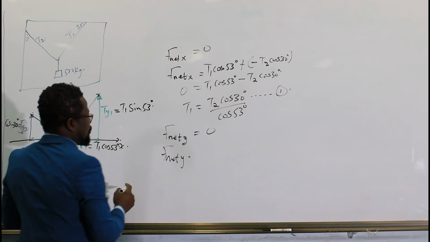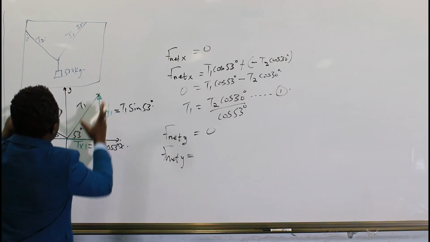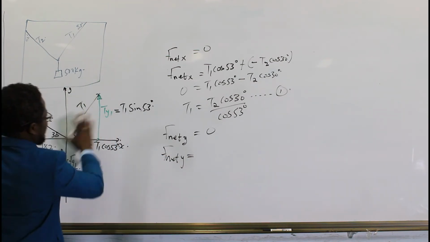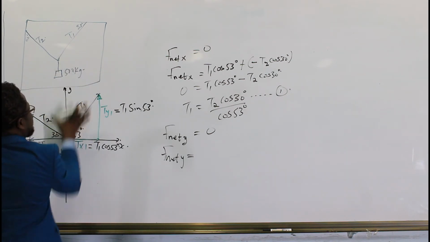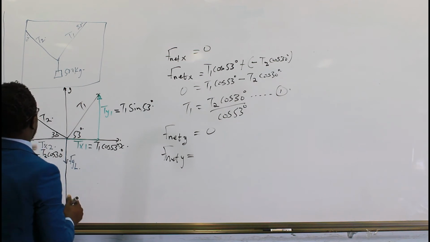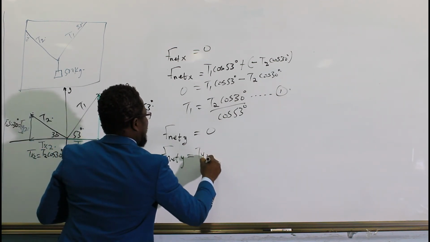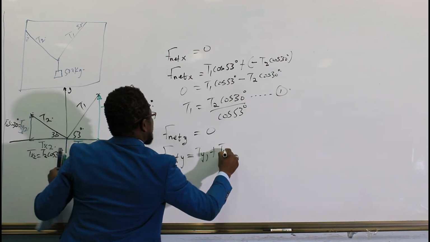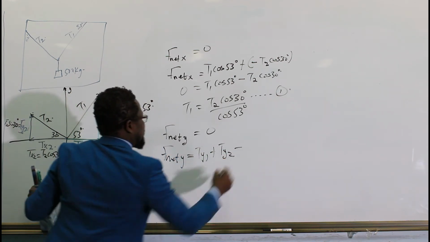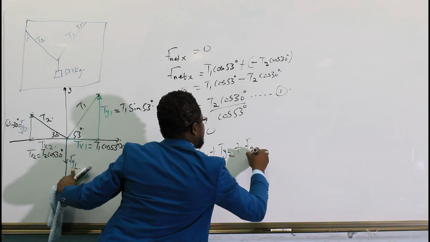So straight away we are going to see from there that these ones are at the upper part of the Cartesian plane, and this is positive side and this is the negative side. So I am going to have this simply to become my Ty1 plus Ty2 plus the weight part, which is the FG load.